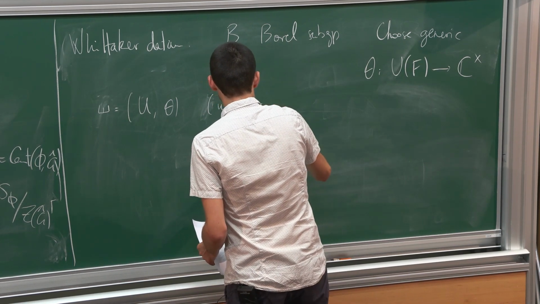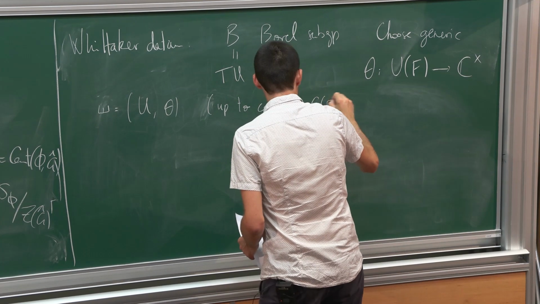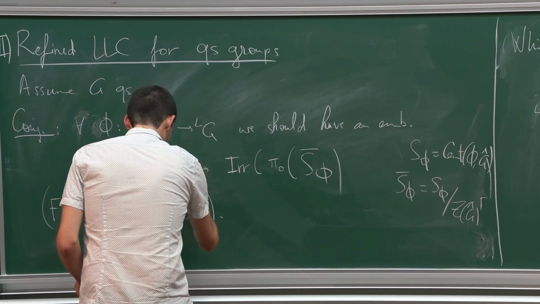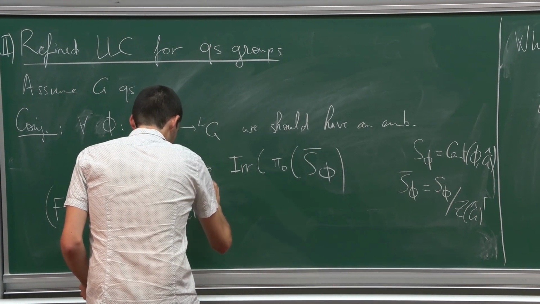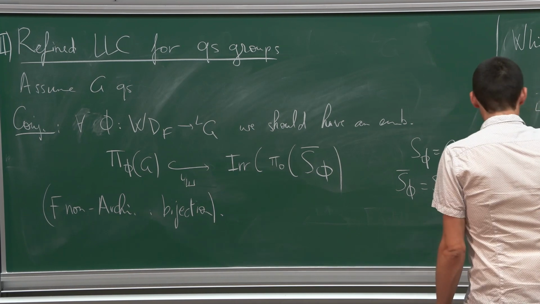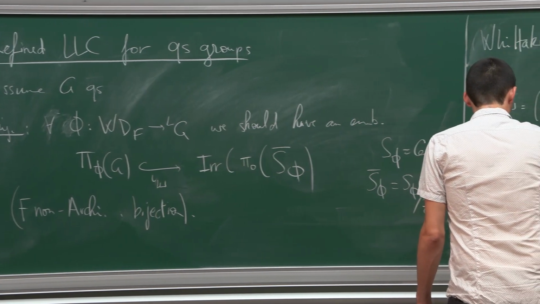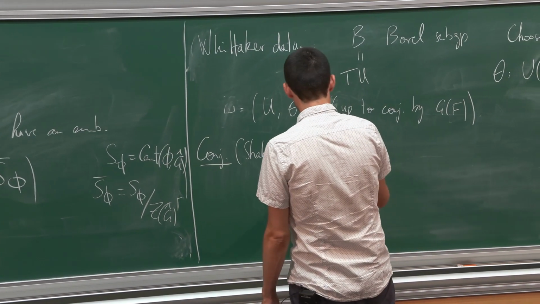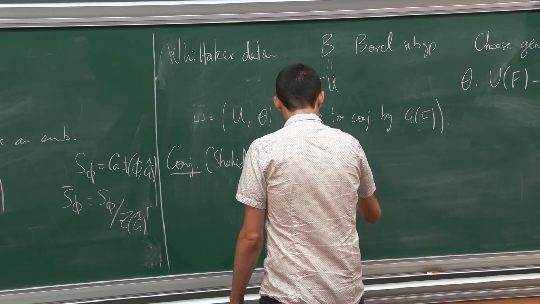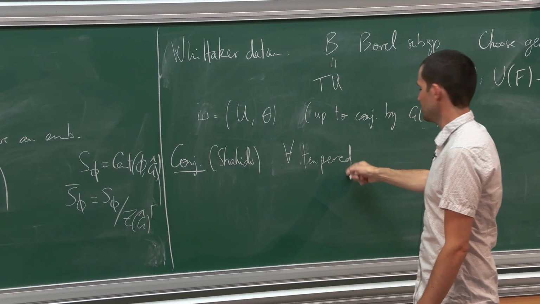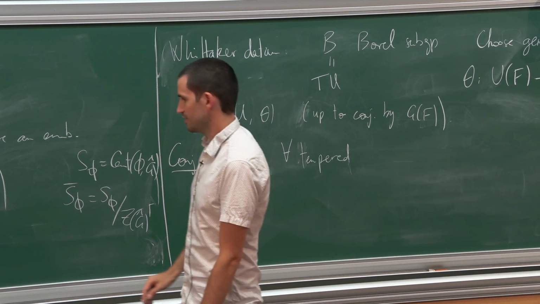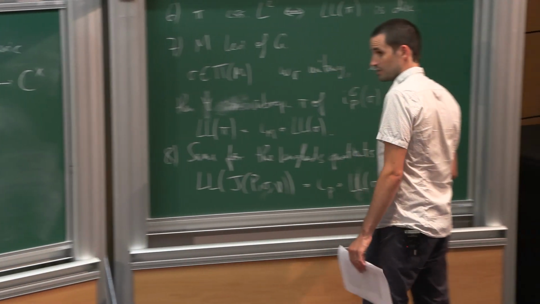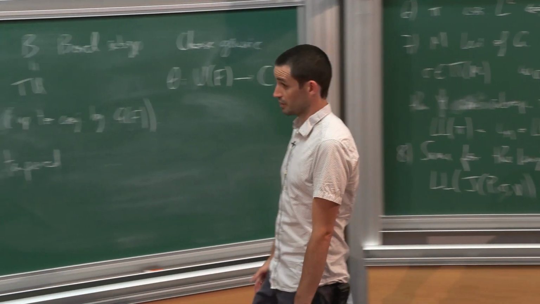But it really only matters up to conjugation by G of F. And this thing here should depend on this iota W. And the conjecture of Shahidi is that for any tempered, I should have mentioned earlier maybe, because things are so rigid in the Langlands classification, it's easy to reduce to the tempered case, actually.